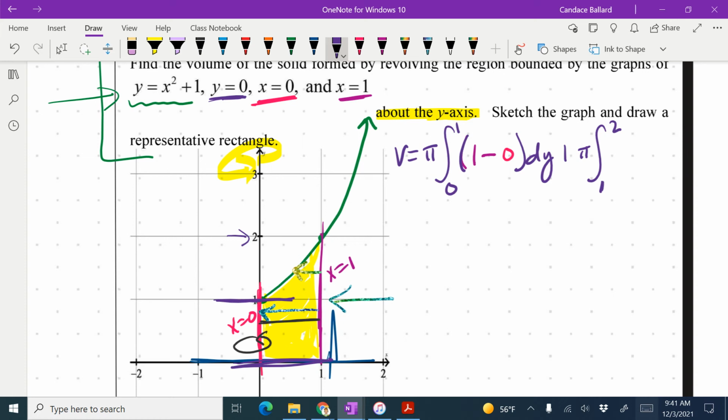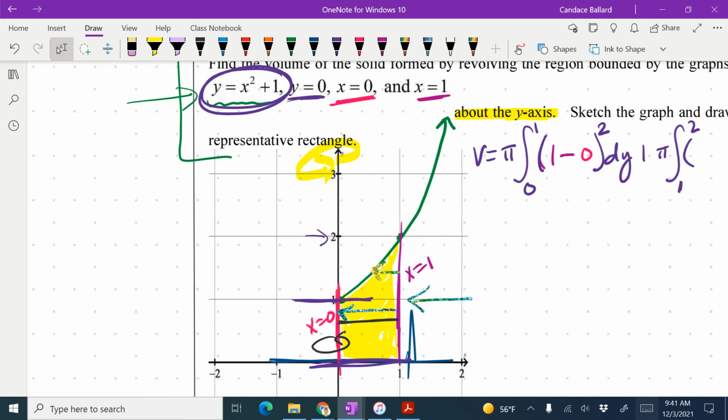My next one's a little bit trickier. Remember, I have to be in y's. Oh, and I'm supposed to square it too. I missed the squared. I have to be in y's, so that means this thing here has to be solved for x. I'm going to do that work off to the side here. So I'm going to move the 1 over, equals x squared.